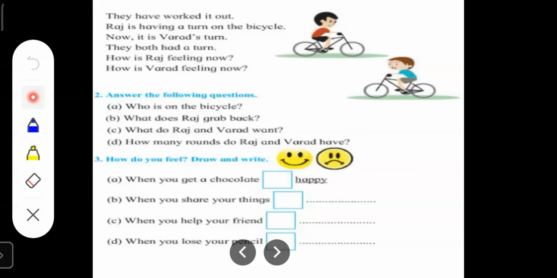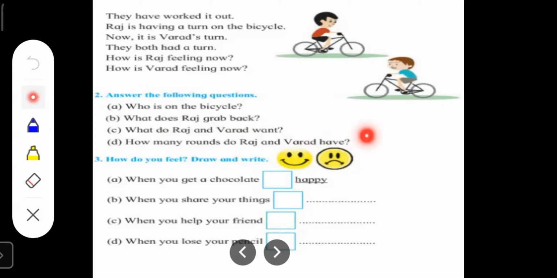What do Raj and Bharat want? Raj and Bharat both want the bicycle. How many rounds do Raj and Bharat have? The answer is 3 rounds. We have read in the lesson that both Raj and Bharat have 3 rounds.